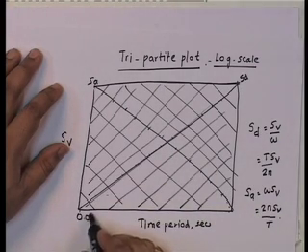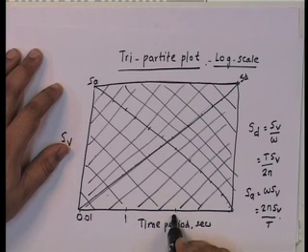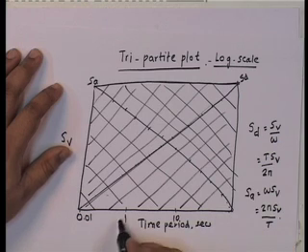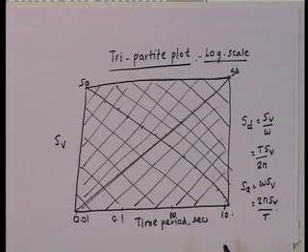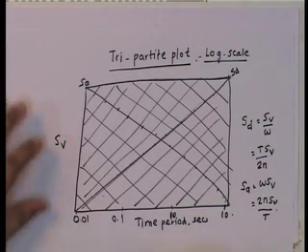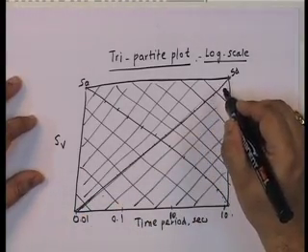So, it would probably be 0.01, and you would have 0.1, 1, and then 10. So, this is your time period. At this point, if I were to plot SA, how will it look?